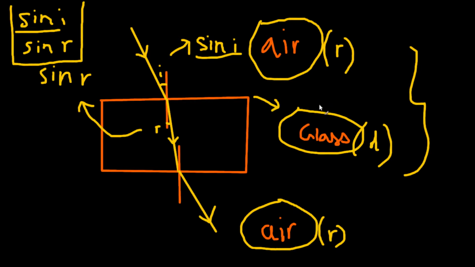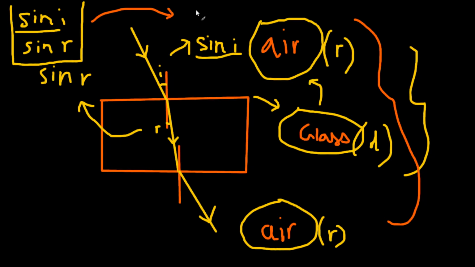Okay, right now we're taking only air to glass. We're taking this part of our diagram. So our second medium is glass. So this ratio here will be the refractive index of glass with respect to air.